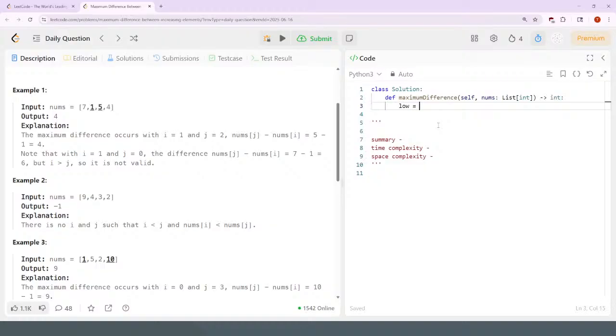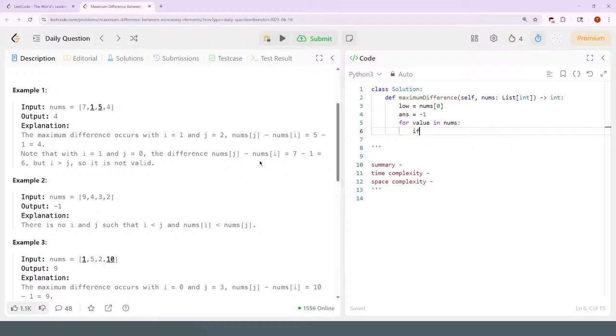Okay, so let's say the low is initially the start of the array. The answer is initially zero. For every value in your array, if the value is less than or equal to your low value, you reset your low value to this.